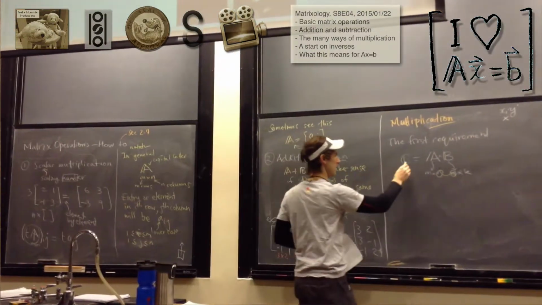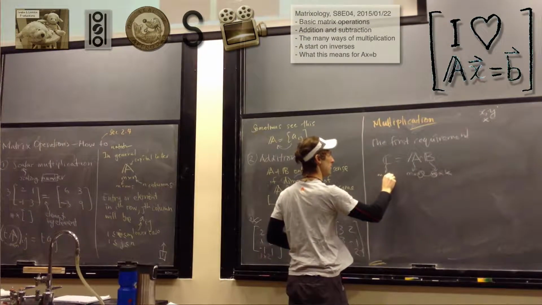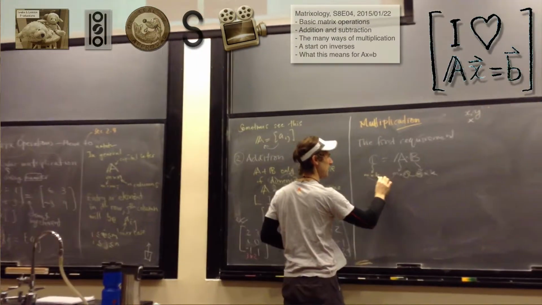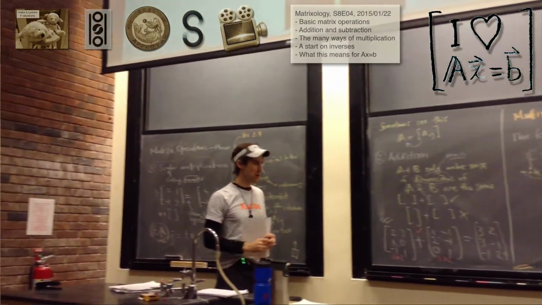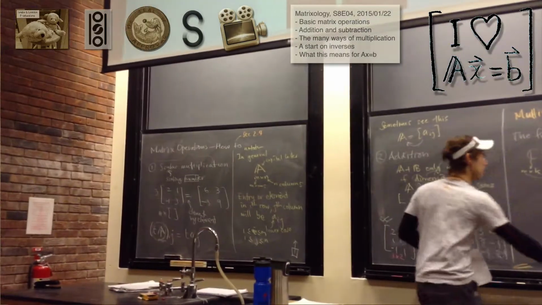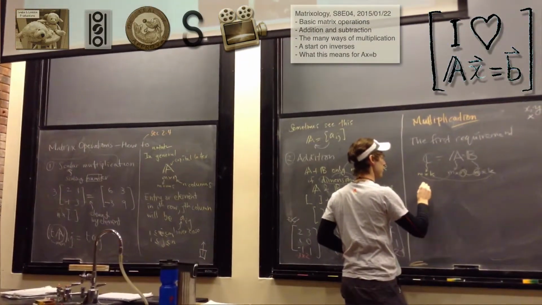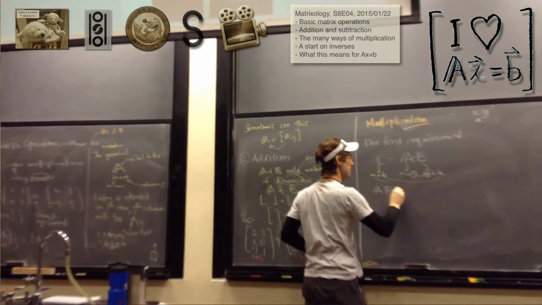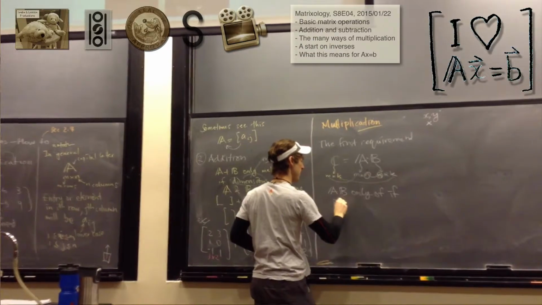And the result will always be, so this is just giving you the overall structure. So the M goes to here, and the K will be here. So this is the first requirement. A times B is only okay if the inner dimensions match.